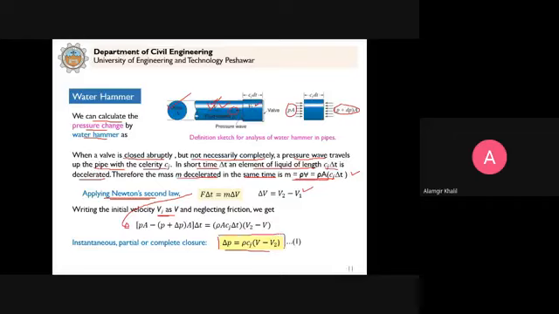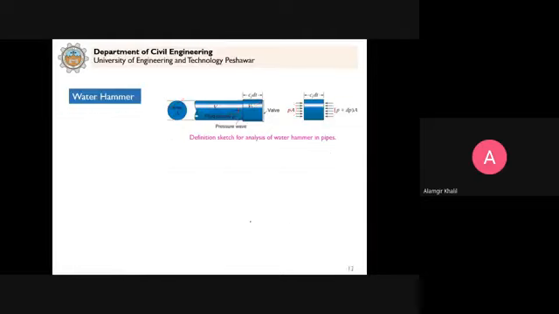So the increase in pressure due to water hammer you can calculate from this formula. It can be partial closure or complete closure. When we have complete closure, then v2 is 0, and this is the formula that you can use for complete closure: rho Cj into v. Clear?